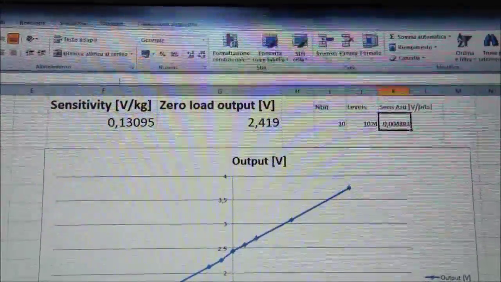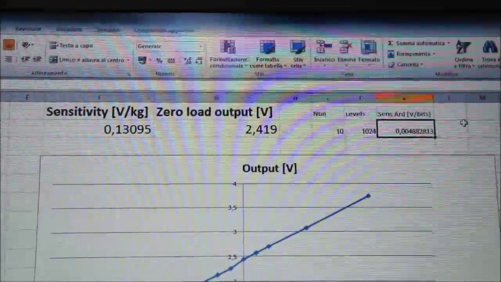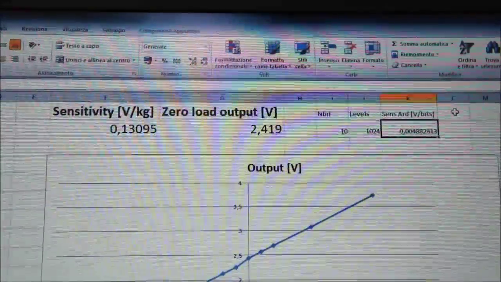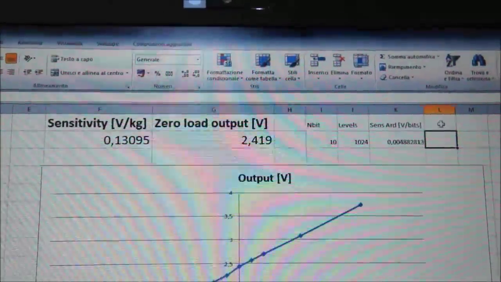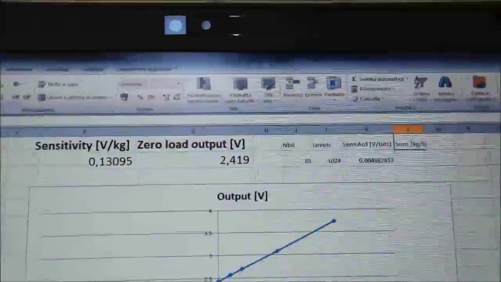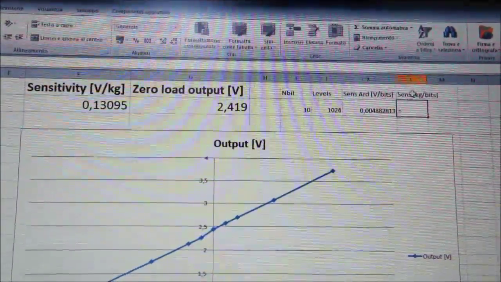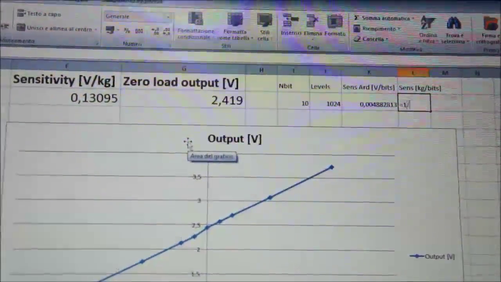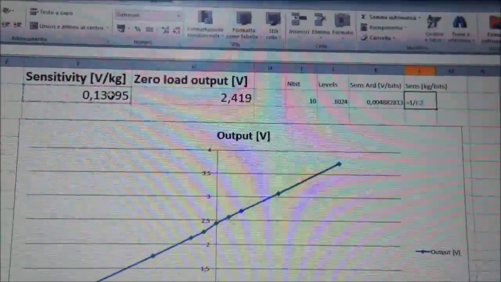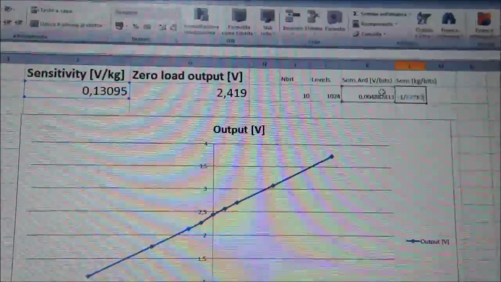Since we want the conversion in kilograms per bit, we multiply the inverse of the sensitivity of the load cell, which is kilograms per volt, by the sensitivity of Arduino, which is volts per bit.